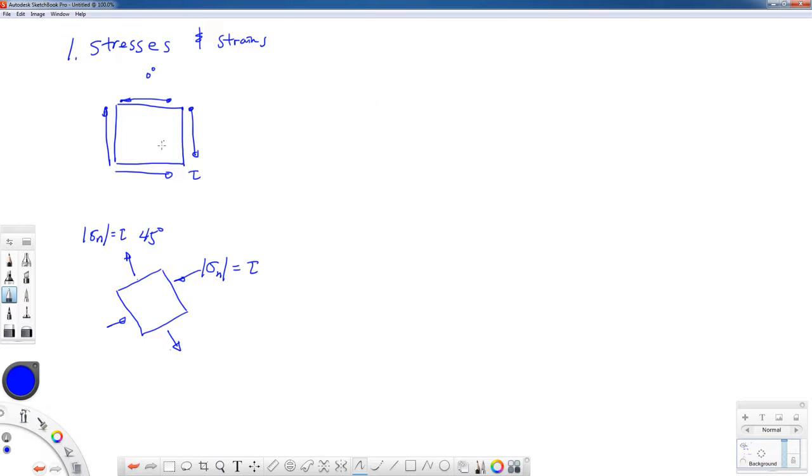If we were to take a look at the strains that are calculated for these blocks, the first block would turn into kind of a diamond shape as it gets distorted. This nice angle here that used to be a nice right angle becomes different than 90 degrees. It becomes a little bit smaller in this case.